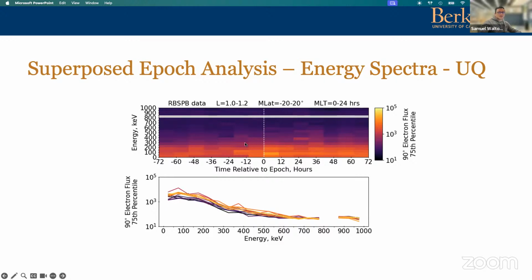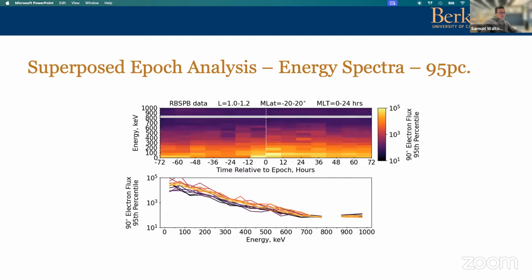You can get higher energy electrons below the inner radiation belt. And then going up to the 95th percentile, just to drill home the point, it almost disappears. It's just more of a smooth slope, where in the very most extreme of cases, you can get pretty high energy electrons going below L of 1.2.